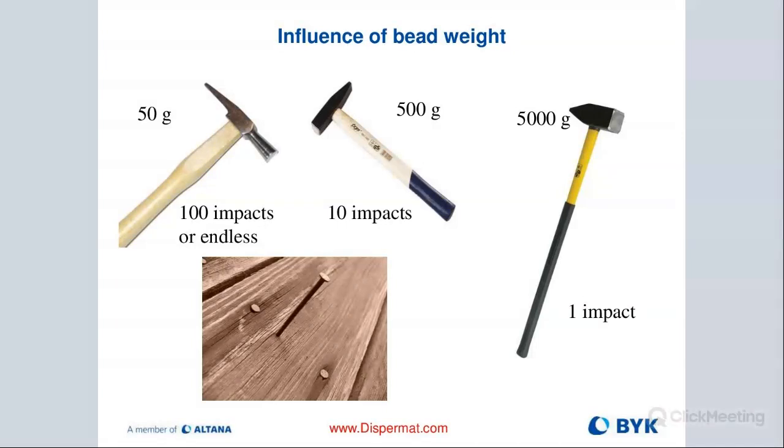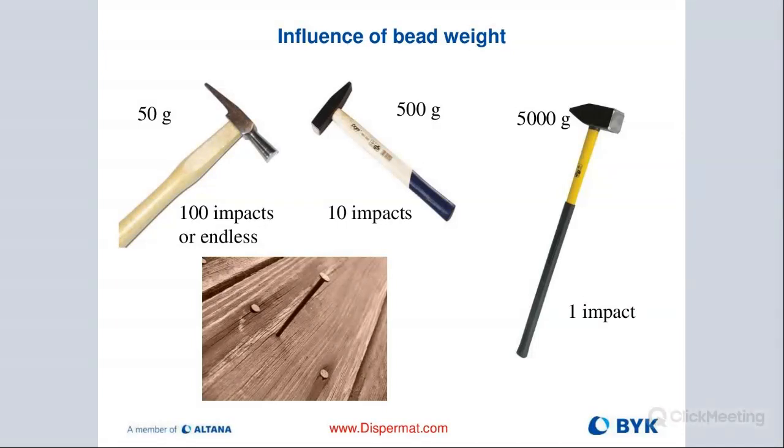Imagine you're trying to drive a nail into a board using a very small hammer. Sometimes it may be impossible to drive the nail in, because you don't have enough kinetic energy to get the nail down into the board. If I use a sledgehammer, it takes me one blow and that nail will be in the board, right?